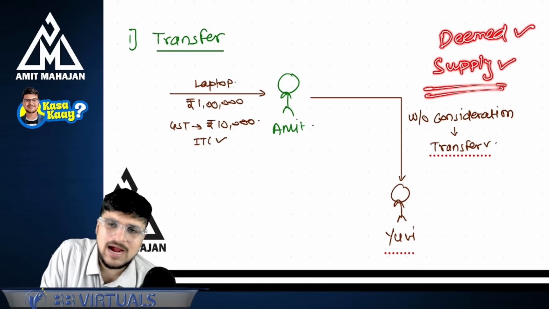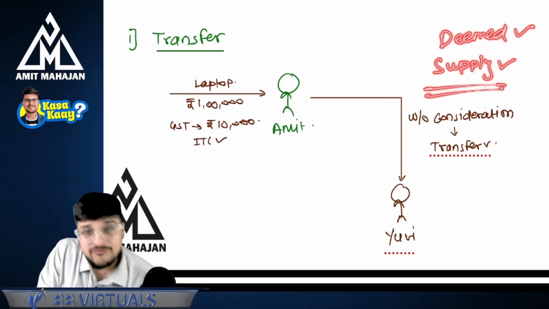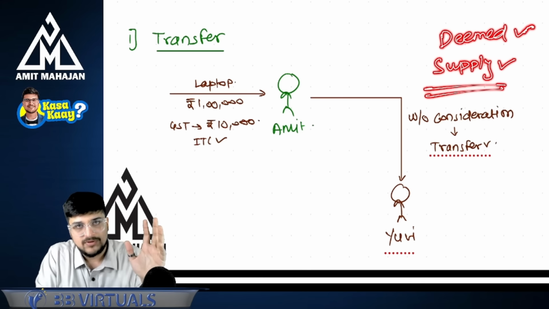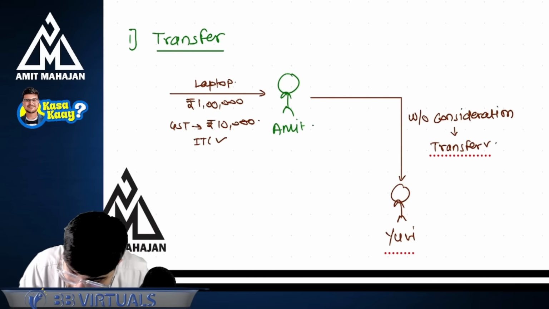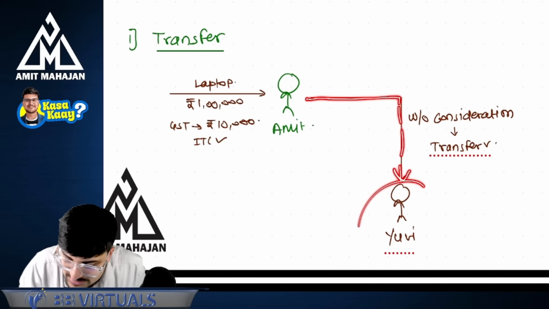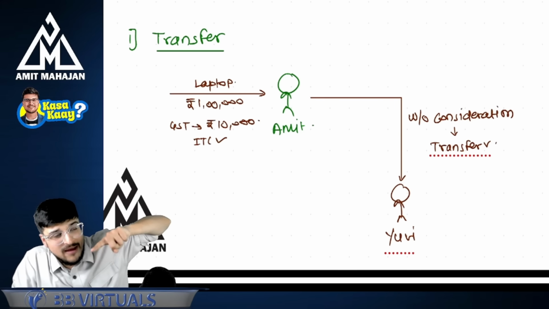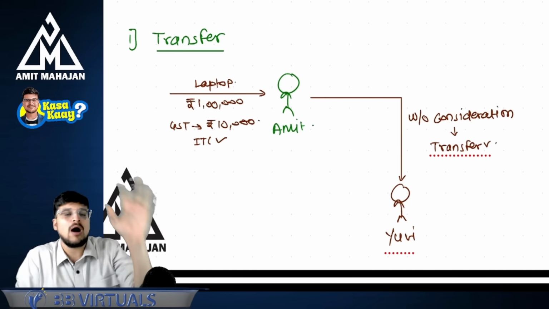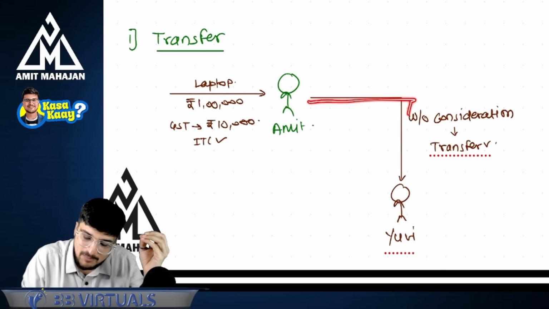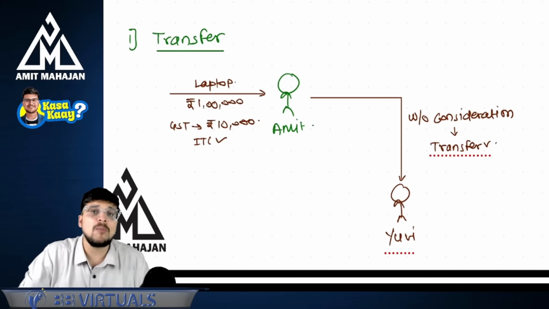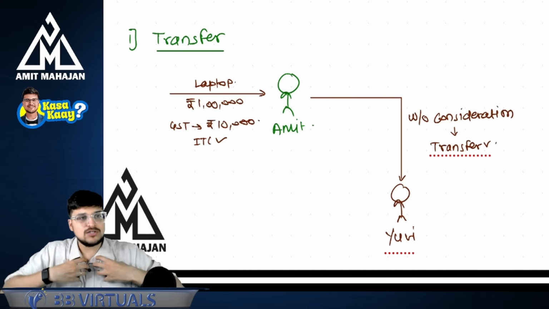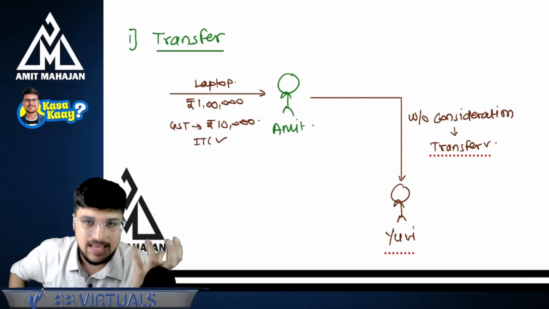Now, sir, what are you saying? I am not understanding. If you see the GST valuation rules, you will see one point that if the supply is made without consideration and if it is a transfer, the valuation rules mention what should be the open market value of this particular laptop. So basically, what government wants to do here is create my outward tax liability.